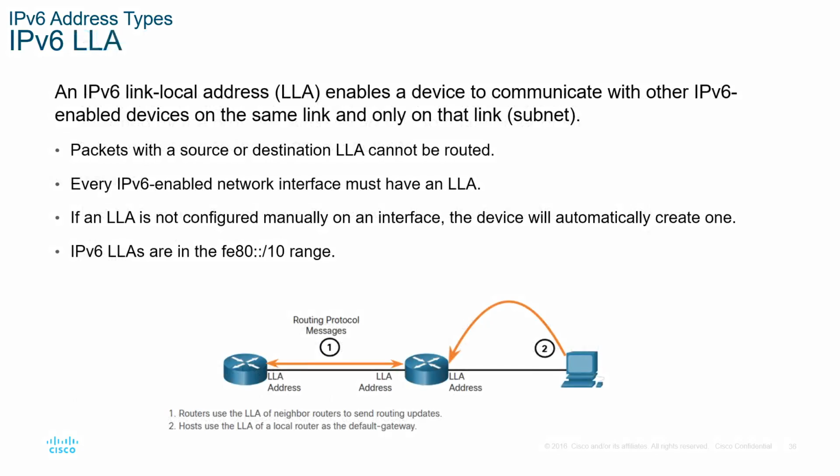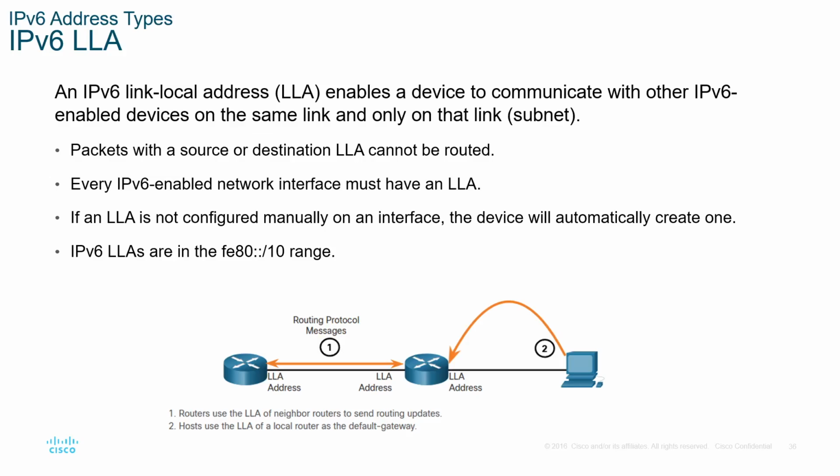An IPv6 link local address, or LLA, enables a device to communicate with other IPv6 enabled devices on the same link and only on that link alone. Packets with a source or destination LLA cannot be routed, which basically means they cannot go to the internet as they are. Every IPv6 enabled network interface must have a link local address.